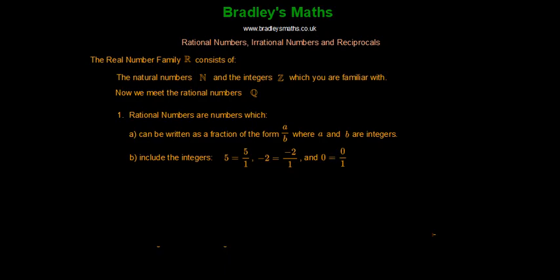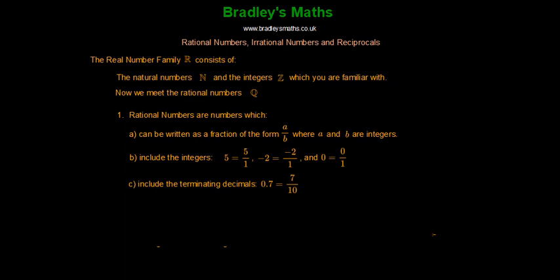They also include the terminating decimals. All terminating decimals, that means all decimals that have a fixed number of decimal places, can be expressed as a fraction. 0.7 is a fairly familiar one. It is 7/10. There are others less familiar, but they are just fractions.